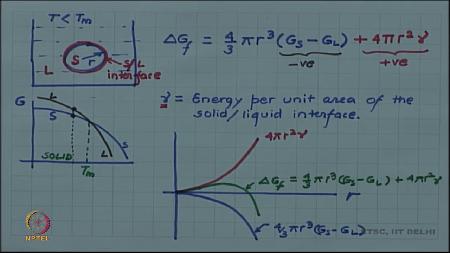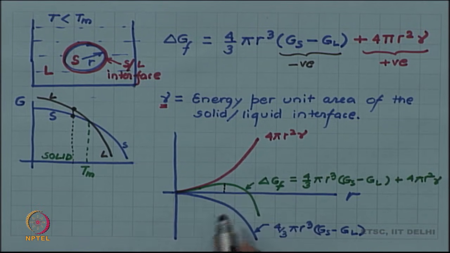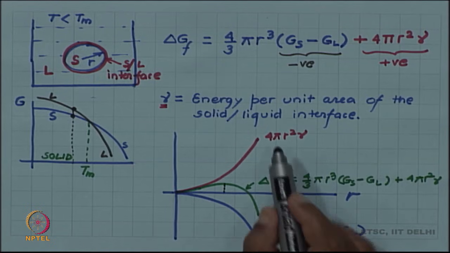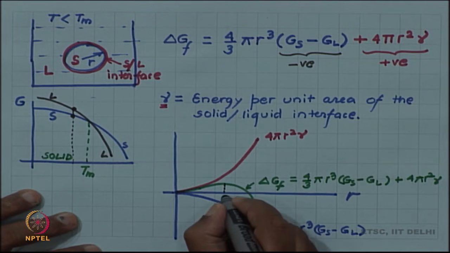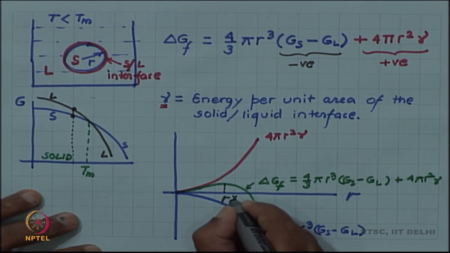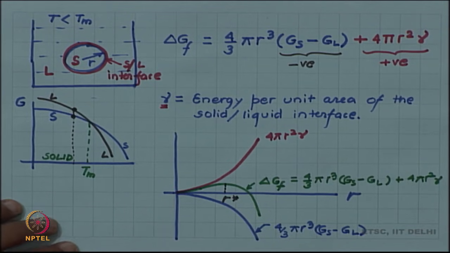So, you can see here now that this curve goes through a maximum, since initially it was increasing because of the r square term and then gradually it starts decreasing. So, there is a radius, let us call that critical radius, at which delta Gf is maximum.